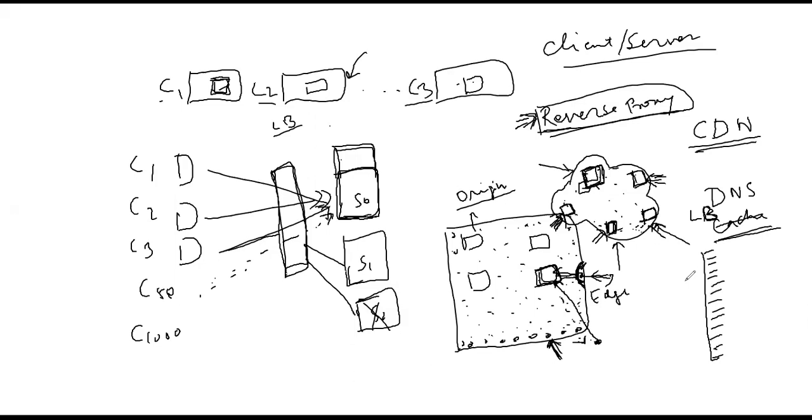And this will be smart enough to figure out, okay, if the request comes from this particular place, let's route it to the nearest IP address or nearest CDN server. The same concept works for the DNS load balancer mechanism used with CDN servers.